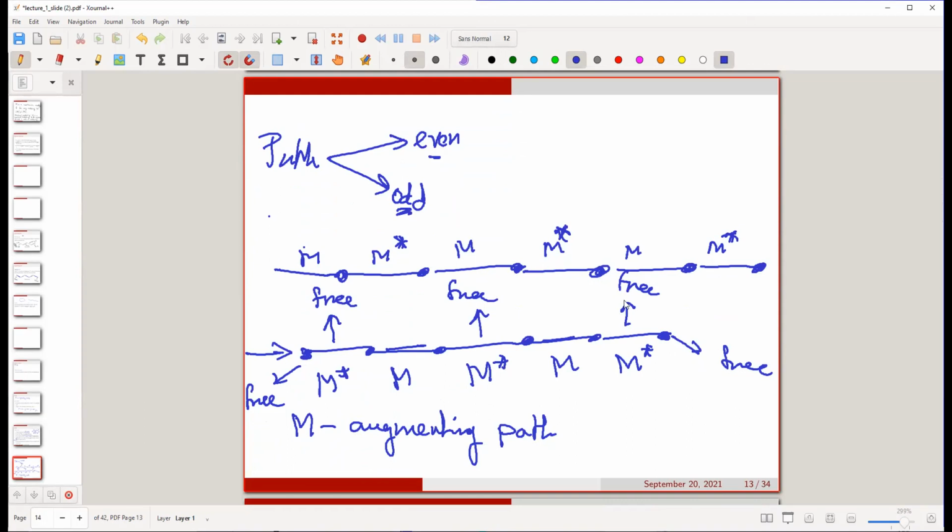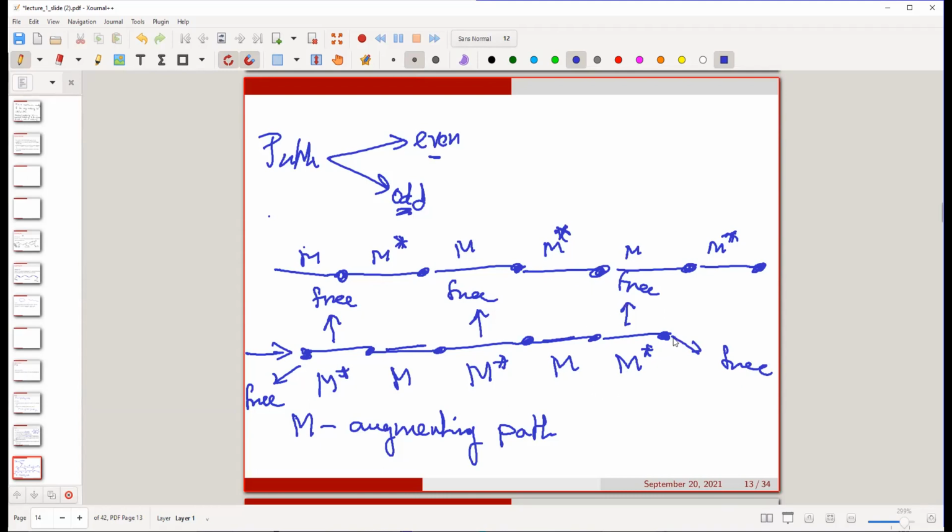Because when you are taking the symmetric difference, you know what a component is. A component is a maximal size connected graph. When we take the symmetric difference of M and M prime, each component is either a cycle, a path, or an isolated vertex. So if we take an odd length path, a component is basically an odd length path.